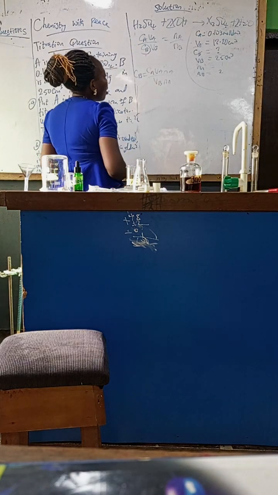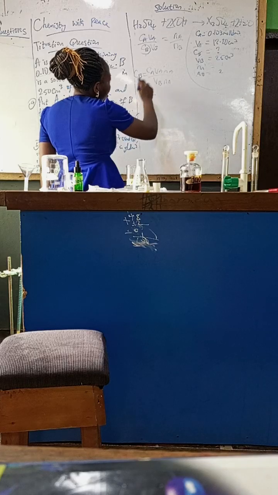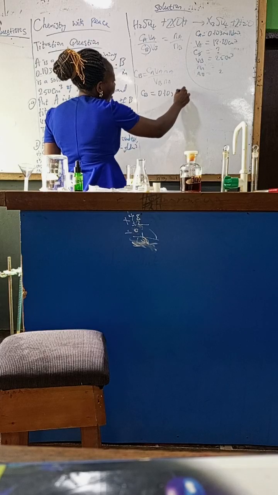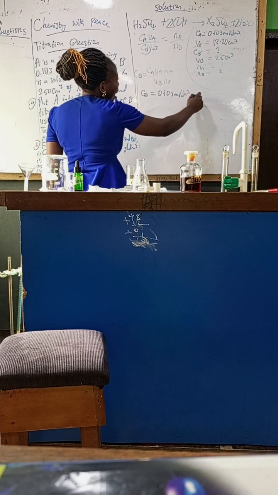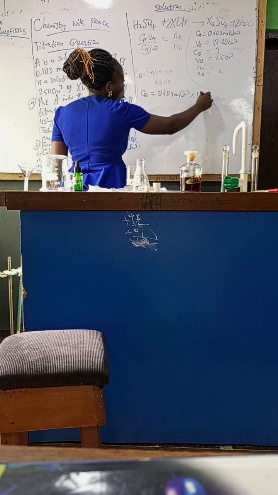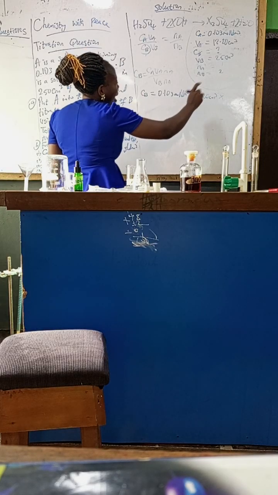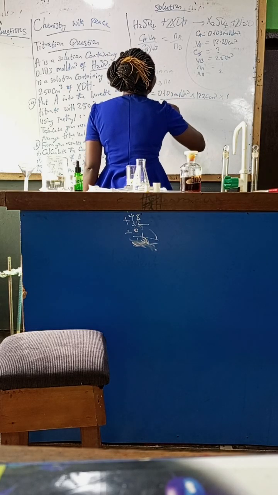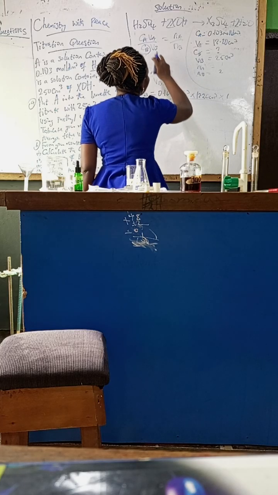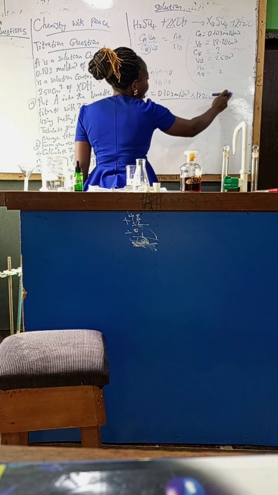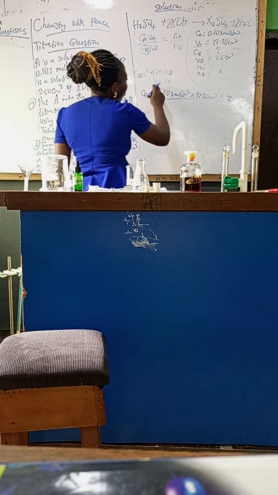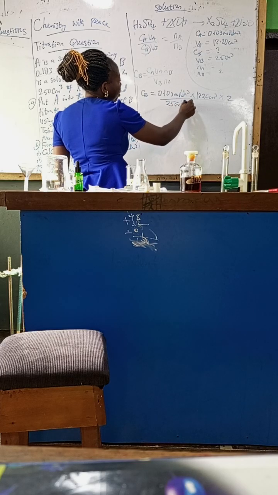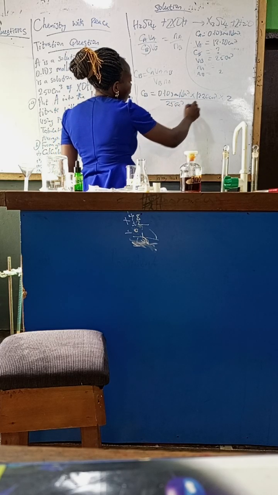Let's substitute our values. Our CB is equal to 0.103 mole per dm cube times 12.20 centimeter cube times NA is 1 all over, times NB is 2 all over, our BB is 25 centimeter cube times NA is 1.